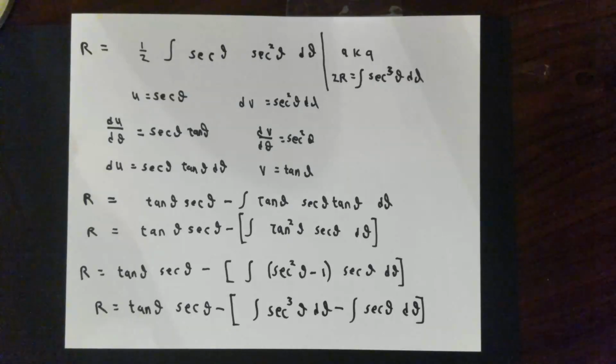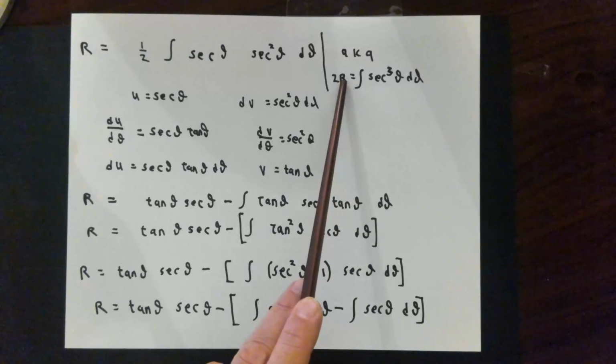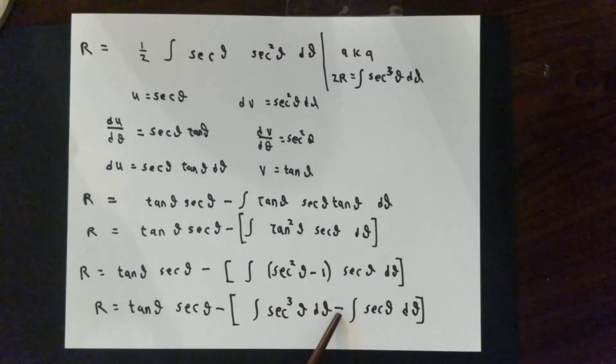If I carry out the integration by parts, after simplifying, the thing that I'm trying to calculate, the r, is equal to tangent theta secant theta minus the integral of secant cubed theta d theta, which is 2 times r, inside the brackets, minus integral secant theta d theta.